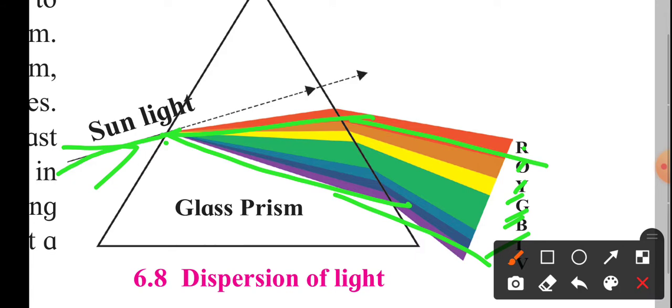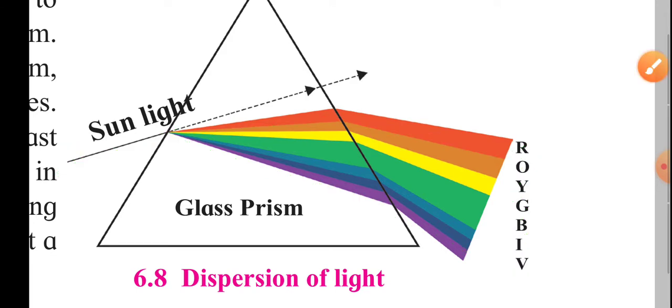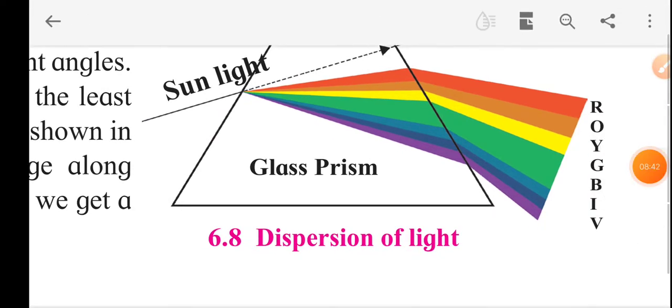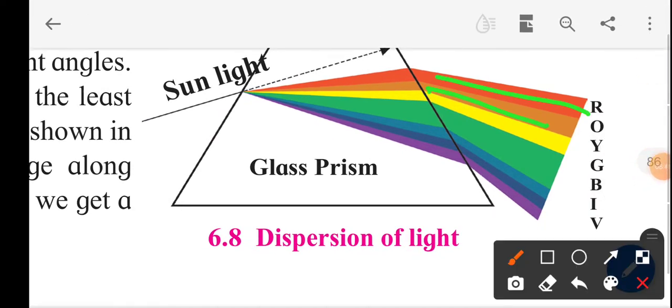These different wavelengths produce different sensations on the human eye, and due to that we are able to observe these 7 different colors. These 7 colors have different velocities in different media, and due to that they are produced at different angles. You can see over here the 7 colors.